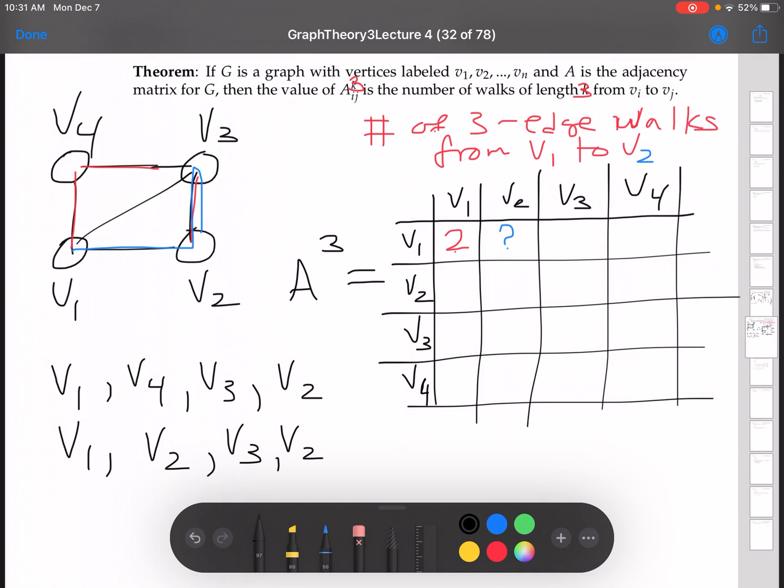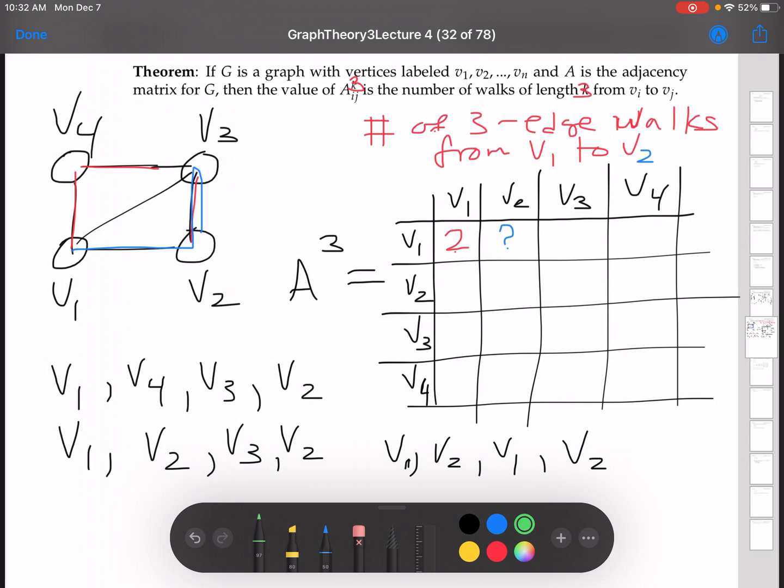What's another one? How about V1, V2, V1, V2. Yeah, I think that'll work. You go from V1 over to V2, back to V1, and then back to V2.